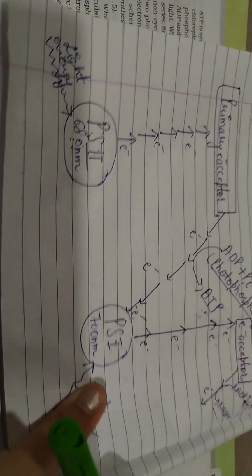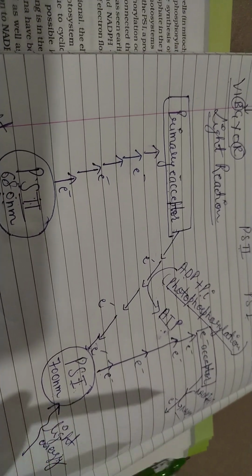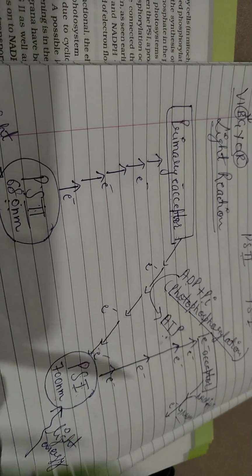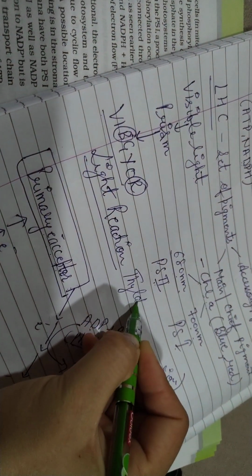So this is how the light reaction takes place to form ATP and NADPH, and this entire reaction is taking place inside thylakoids.